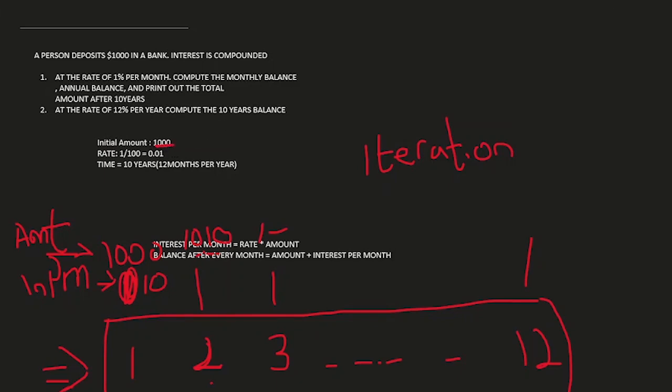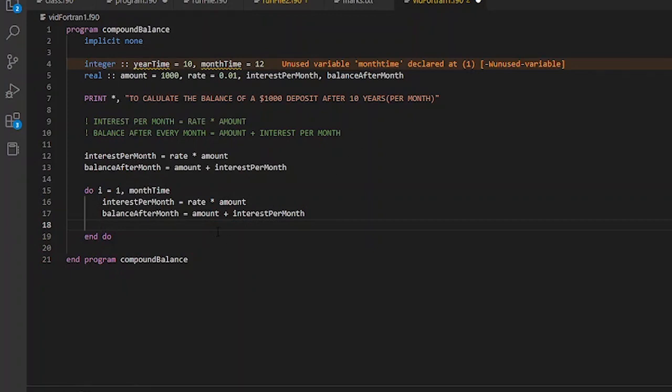The computer doesn't know, so we have to tell the computer that after 1 month the initial amount is going to change. The initial amount is going to change after the 2nd month. The initial amount is going to change after the 3rd month. How can we let the computer know that? We're going to redefine this amount we defined here by saying amount is equal to balance after month.